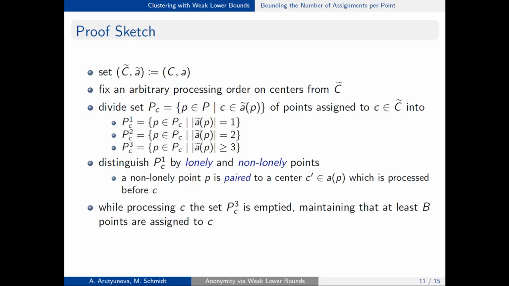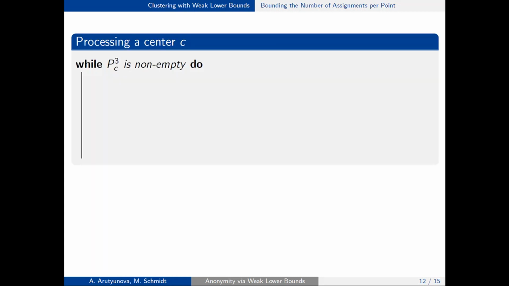So while processing C, the set PC3 is then emptied, and we at all times maintain that at least B points are assigned to every open center, and especially to the currently processed center C. We then process the center C as follows. As long as PC3 is non-empty, we do the following.